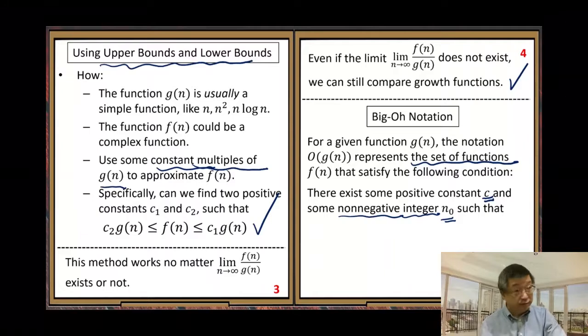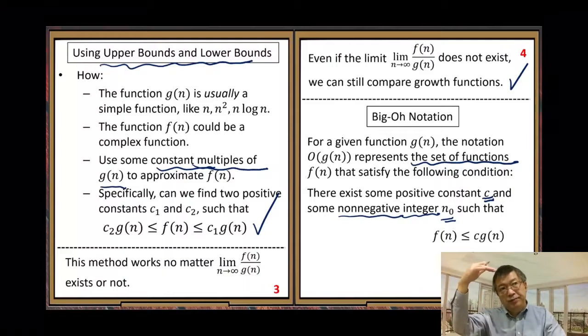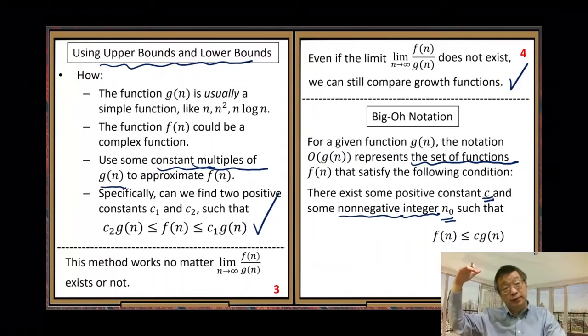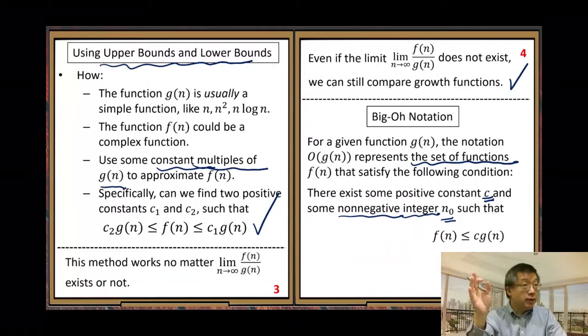Such that f of n is less than or equal to c multiple of g of n. Here you can see we only use the upper bound side. We don't look at the lower bound. We just look at the upper bound. C multiple of g of n is used as an upper bound of f of n.